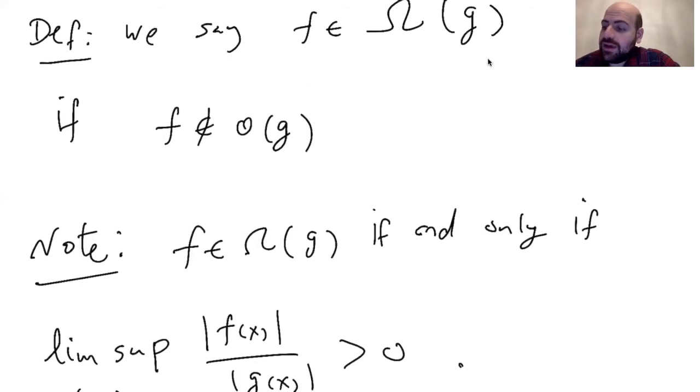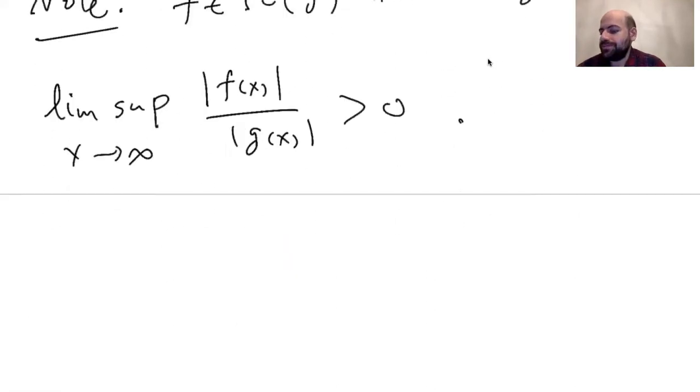If you want to check whether f belongs to capital O of g or not, just consider the limit of absolute value f over absolute value g. If it's zero, then f belongs to small o of g. If it's not zero or does not exist, then f does not belong to small o of g, and this means f belongs to capital omega of g.